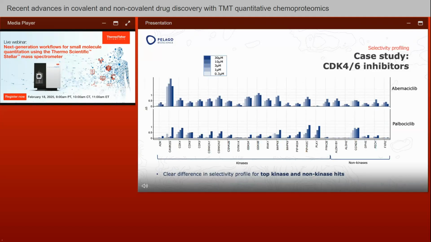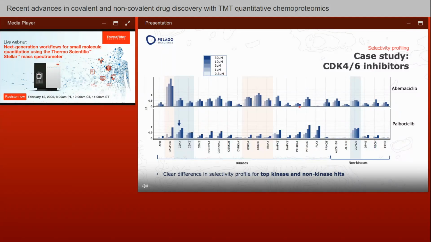But if we include these compounds at different concentrations into this profiling, then we can also look at the data in a different way. So we can look at the concentration responses of the primary targets in different compounds, and we can see a very similar response pattern for the 2 CDK4/6 inhibitors. We can also see the cyclin associated with this CDK4/6 also being stabilized in this experiment.